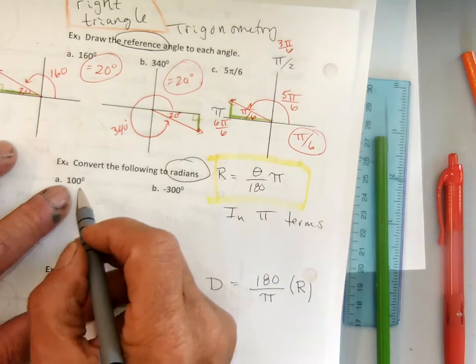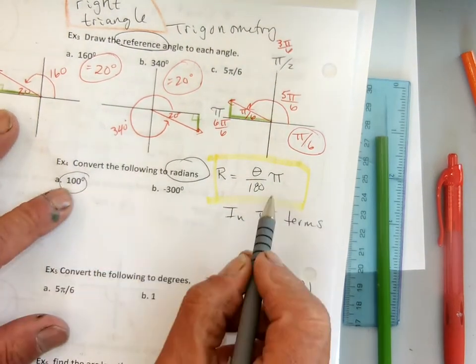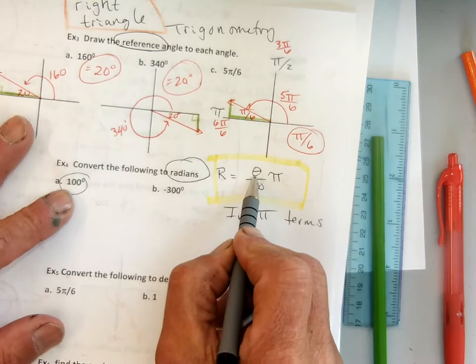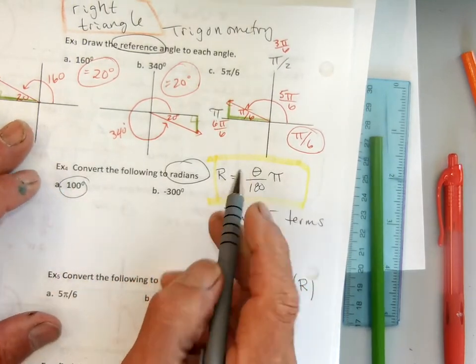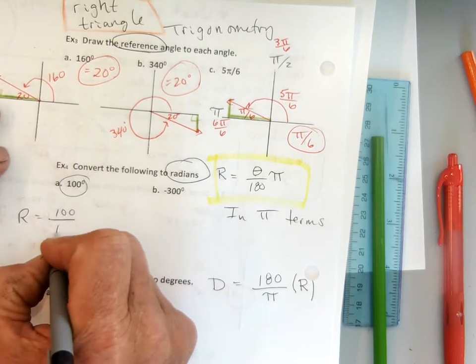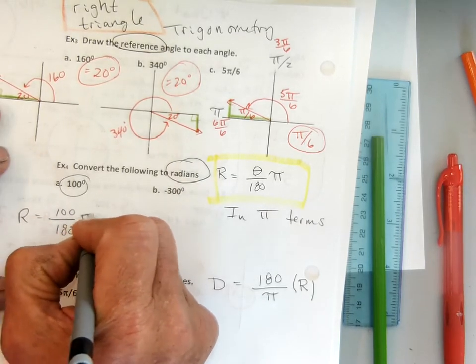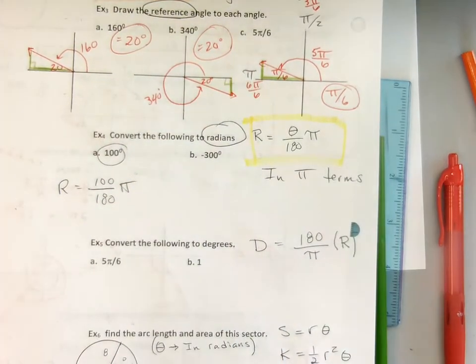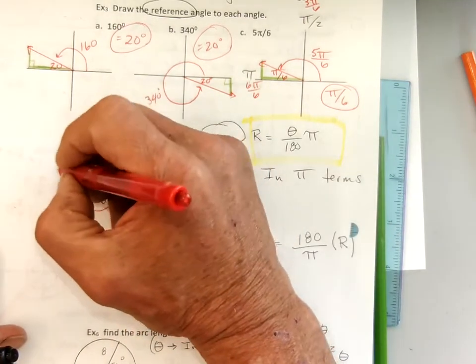So check this out. I'm going to take 100 degrees and put it right there. My radian is 100 over 180 times pi, and I'm going to reduce this fraction.